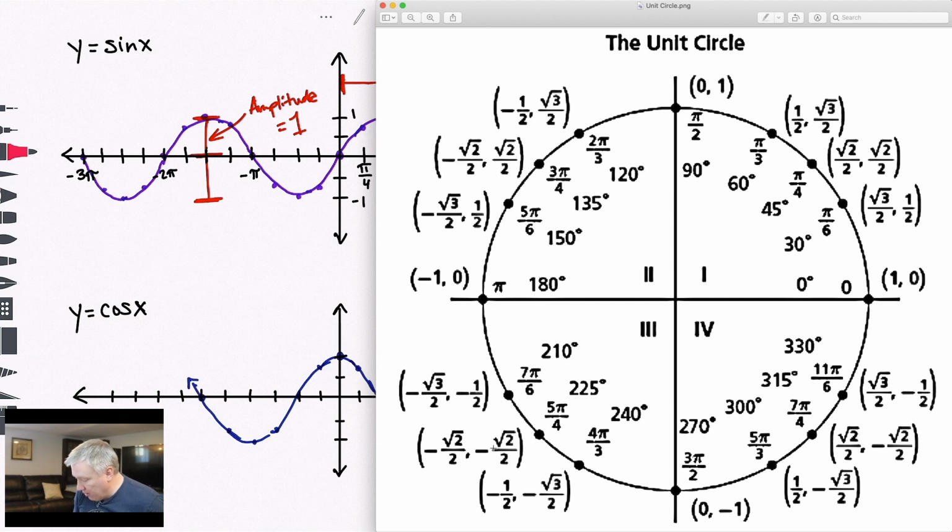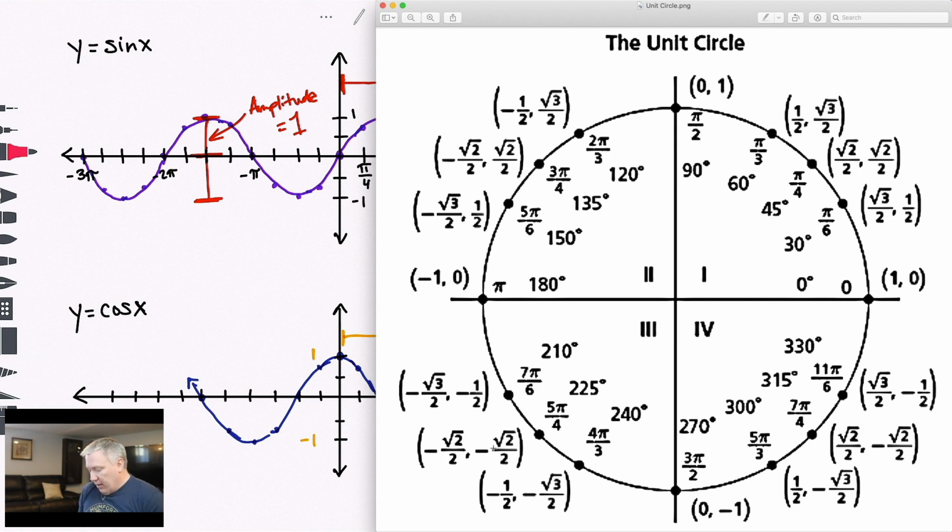Okay, now I'm going to do the same sort of measurement here. What happens if I take a measurement from the origin to where it restarts again? And I didn't mark these out, but this would be pi and 2 pi. Okay. And this top would be 1, and the bottom would be negative 1, just like in the sine graph above.